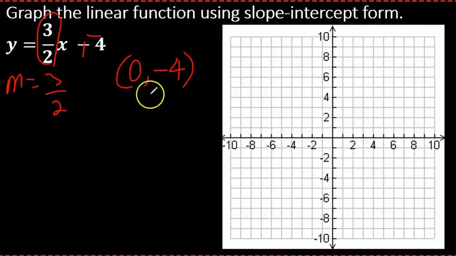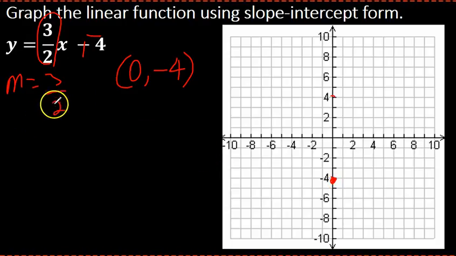So we plot this point, 0, -4. It's negative, so down, sorry. So it's 0, -4, and that's our first point on the line.